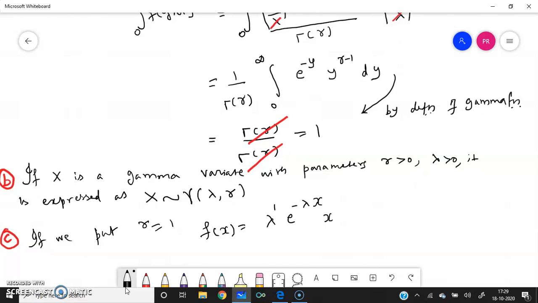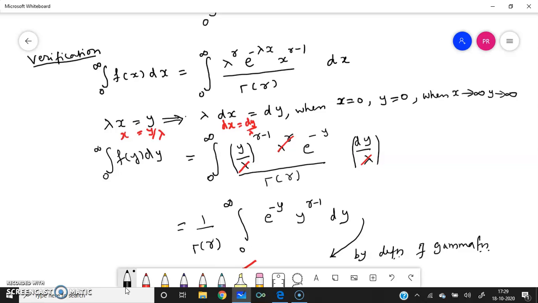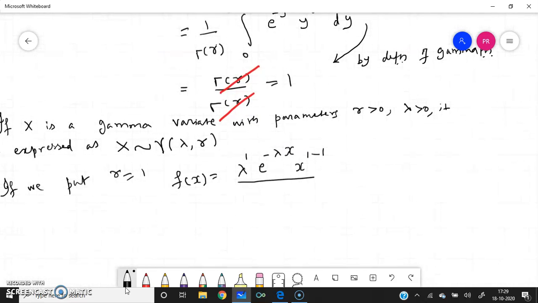Divided by gamma of r, where r is 1. So this is nothing but lambda to the power of 1, which is lambda, e power minus lambda x, x to the power of 0 is 1, and gamma of 1 is also 1, for x greater than 0.